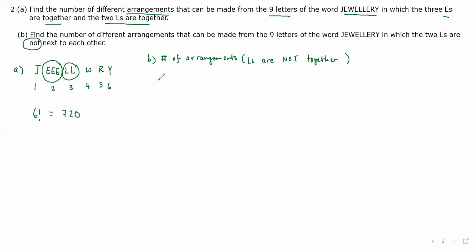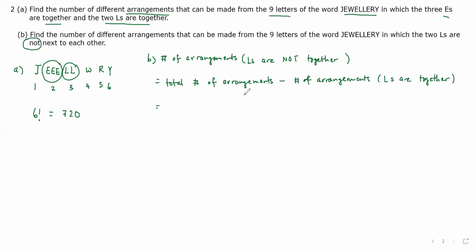We use the complement. So the number of arrangements when the L's are not together is given by the total number of arrangements minus the number of arrangements where the L's are together.